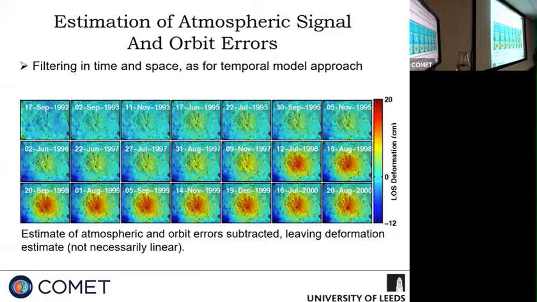So what StaMPS does not make is an assumption on the deformation model during the point selection. So your point selection does not depend on the kind of deformation you assume. We can talk about this after if you want.